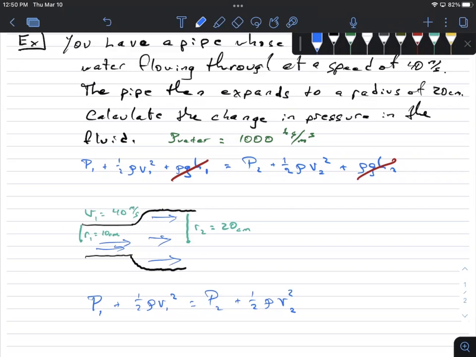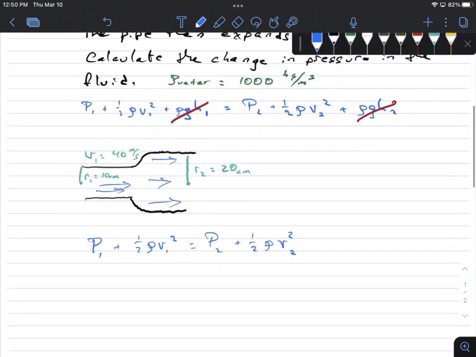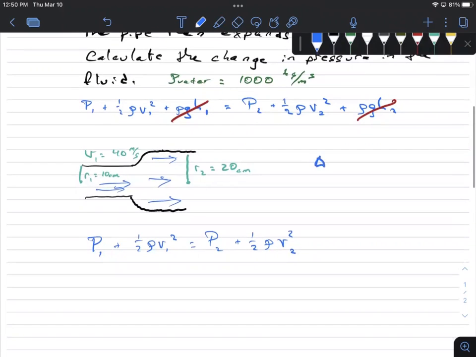But I know, because I'm a scientist and we've done this before, that when one says change in pressure, what one means is the difference in pressures. How does the pressure change? The final minus initial. So delta P, or change in pressure, really means P2 minus P1.